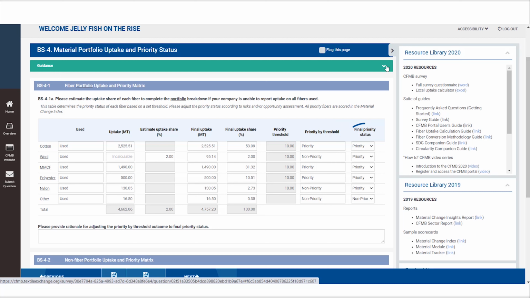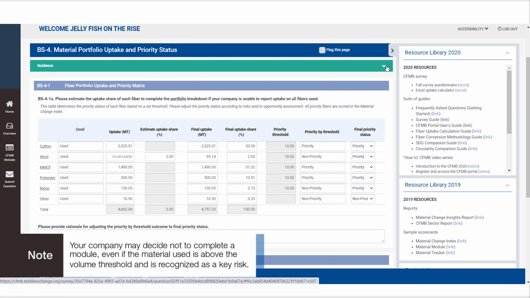Under the column Final Priority Status, please adjust the priority status for your materials, indicating where, through completing a risk and/or opportunity assessment, some materials may be identified as priority for sustainability engagement, and therefore also priority for reporting. It is worth noting that your company may decide not to complete a module, even if the material used is above the volume threshold and is recognized as a key risk.